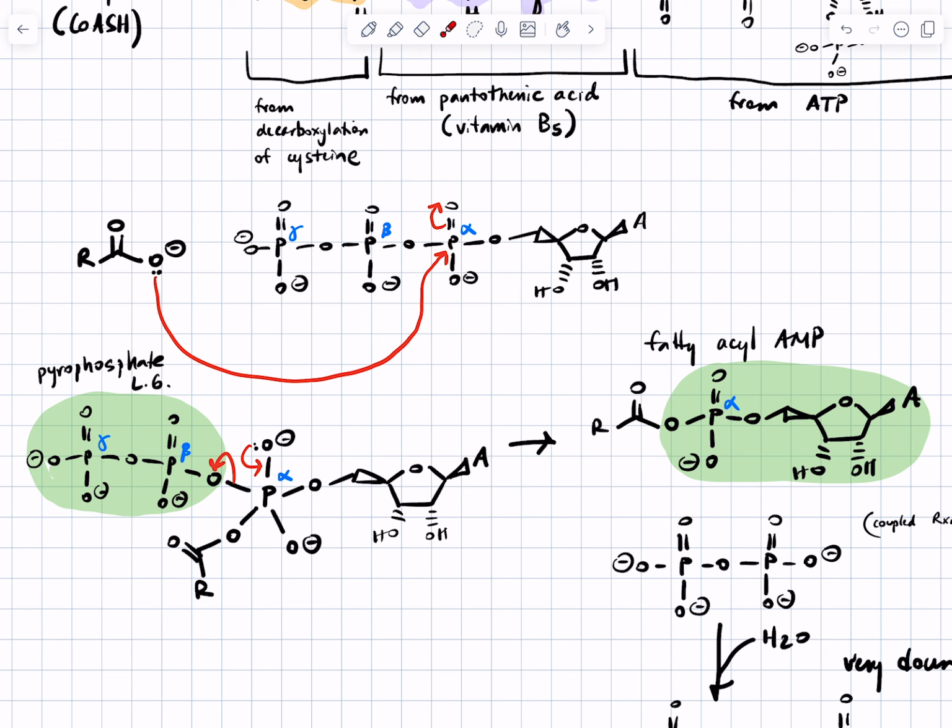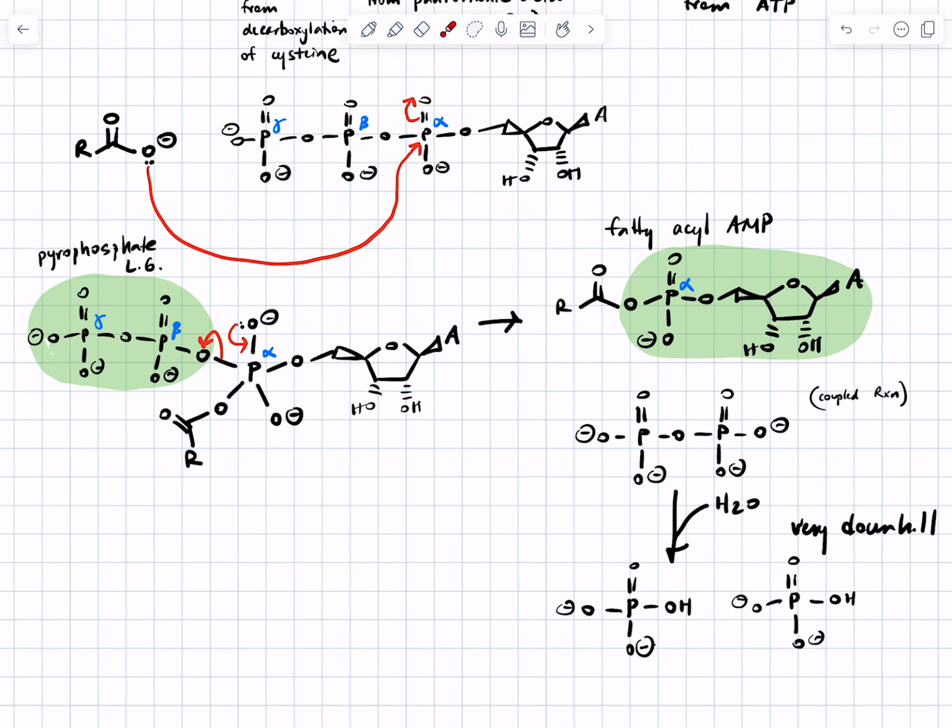It's an acyl phosphate or a mixed phosphorus carbon anhydride. Basically, you've converted the oxygen on the carboxylate into something that is now a good leaving group. So nature is using ATP to activate the carboxylic acid so that it can be a good electrophile.